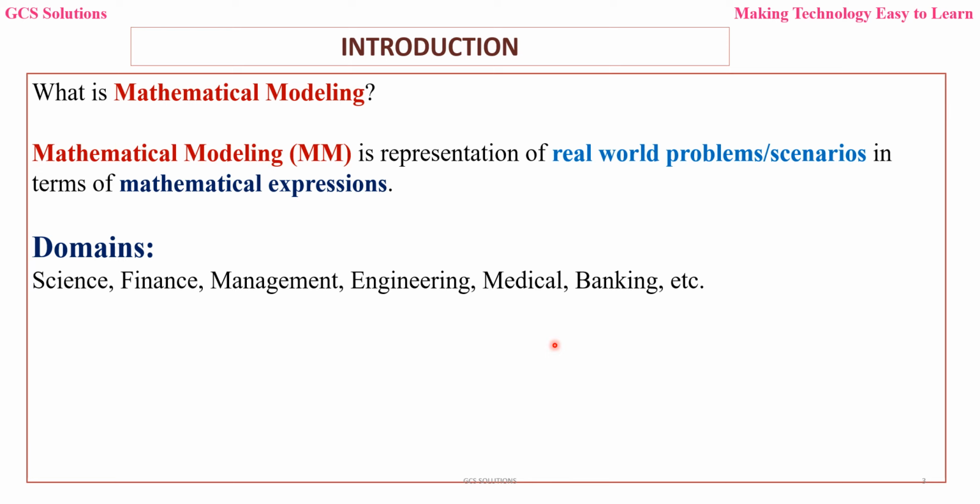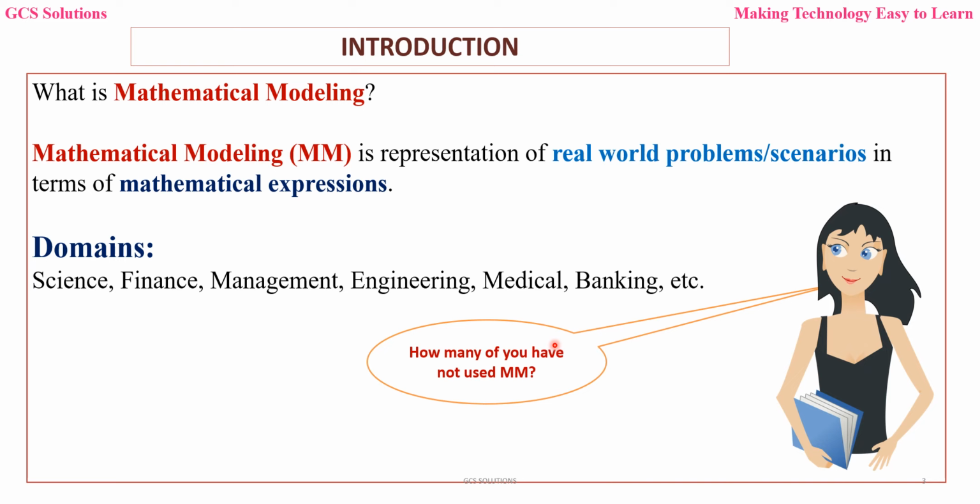Mathematical modeling is applied on every aspect of life, whether it is the real world or the technical world. Now my question is, how many of you have not used mathematical modeling? We are going to answer this query very soon in the subsequent discussion.